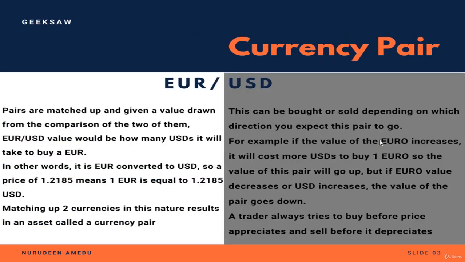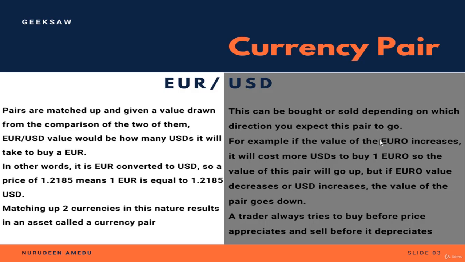Now, a currency pair. I just explained this concept, but I'm going to go over it again. A currency pair, for example, Euro USD. On one side you have the Euro, on the other side you have the USD. Now, pairs are matched up and given a value drawn from the comparison of the two of them.